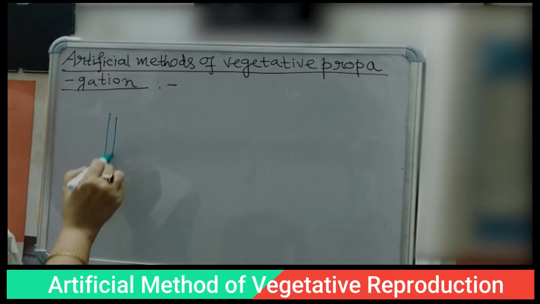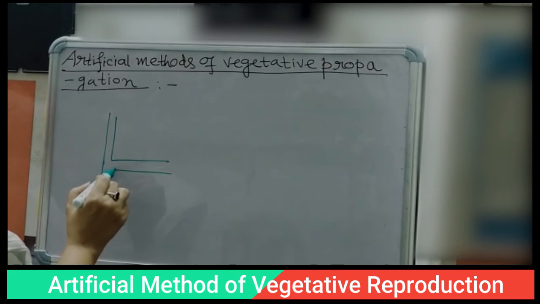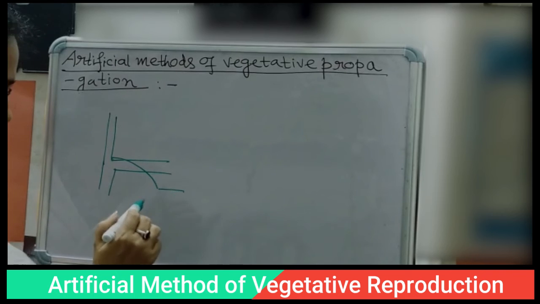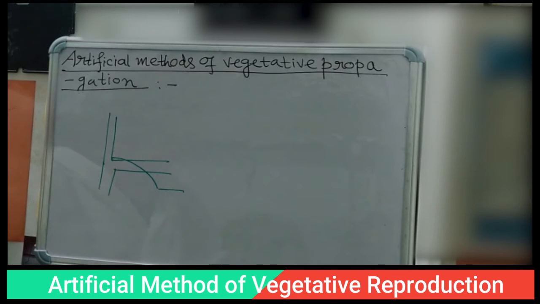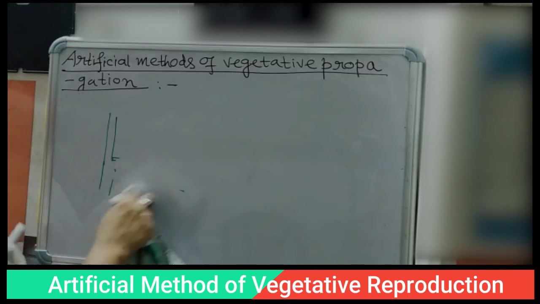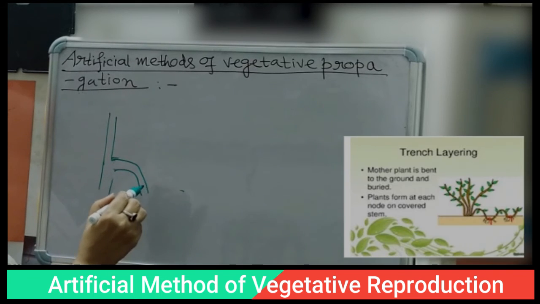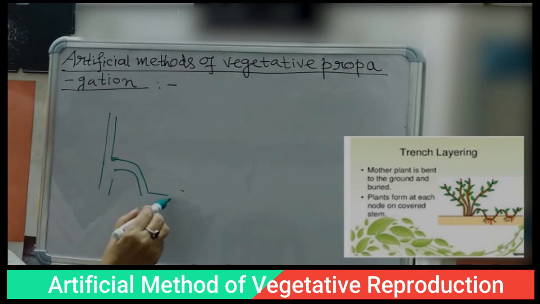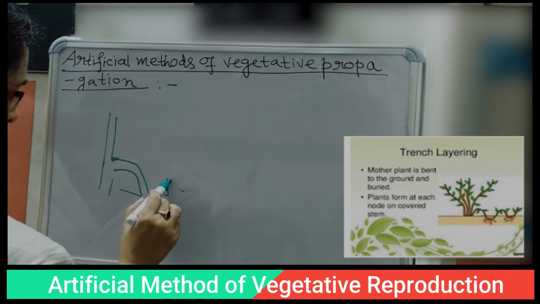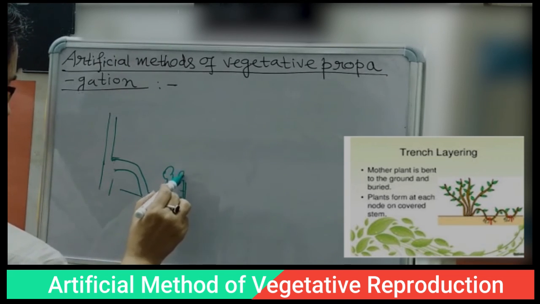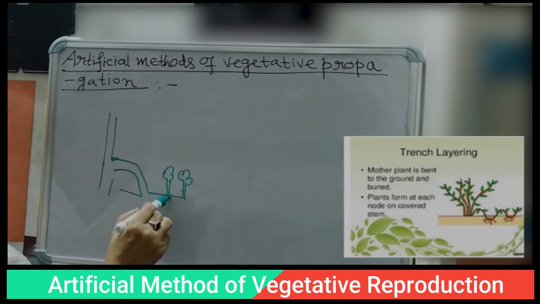In trench layering, the basal branch is placed in a trench, and after a few days some vertical shoots come out with adventitious roots.